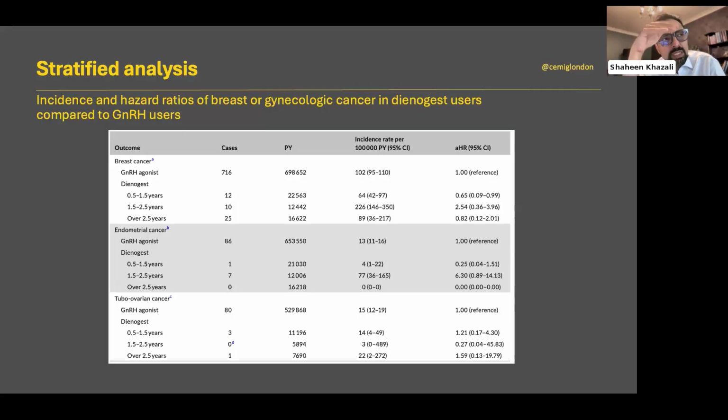So if we're comparing the two, even if we had shown that Dianogest patients are more likely to get breast cancer compared to GnRH analogs, it doesn't tell you that Dianogest will put you at risk in a normal population. So they're comparing it with something that is supposed to reduce the risk of breast cancer, and they're saying that this is on par. It's not worse or better. It's the same.